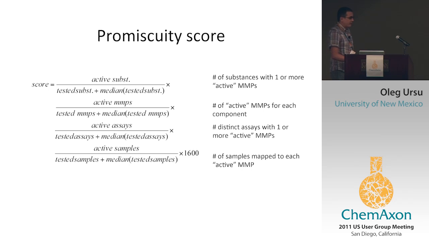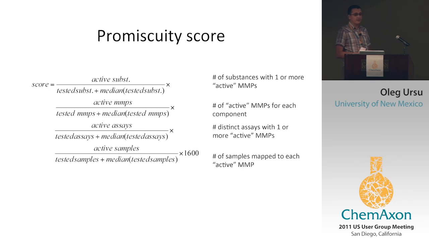Next, you want to rank the promiscuity of these fragments. And the way we do it, we look at all these four terms. We are interested in how many active substances have this fragment, how many active MMPs, assays, and samples.